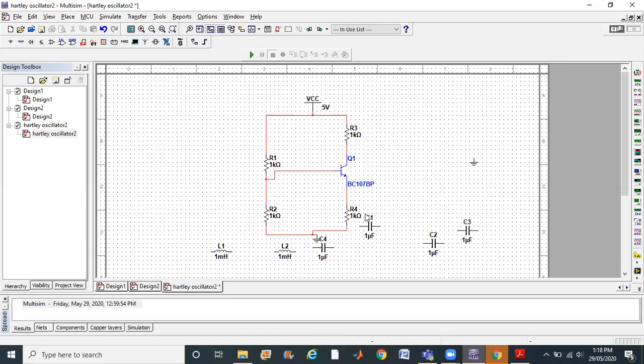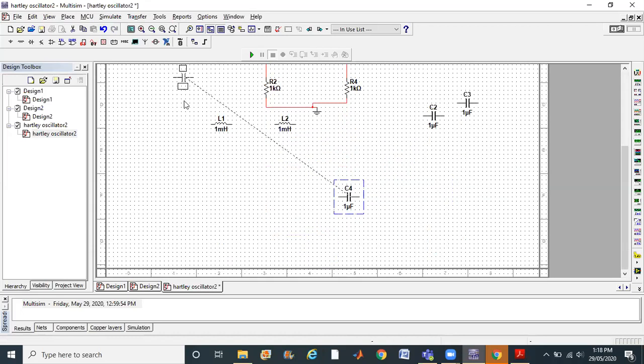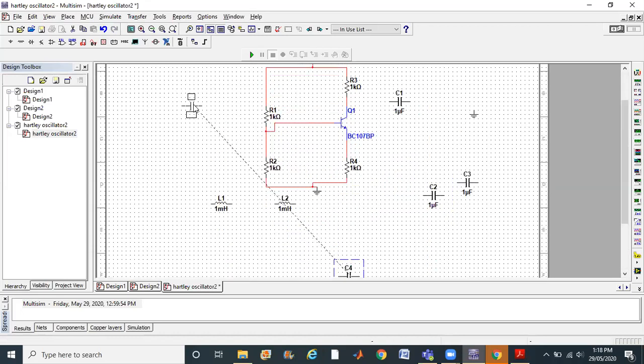Then I need a coupling capacitor across the collector part, and 1 more coupling capacitor across the base. I'll connect it here. Now I'll connect this across the collector. Now it is done.